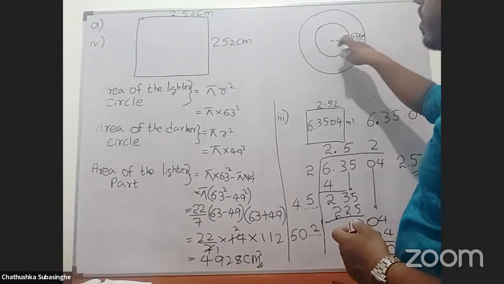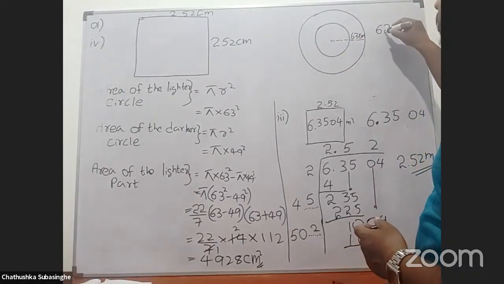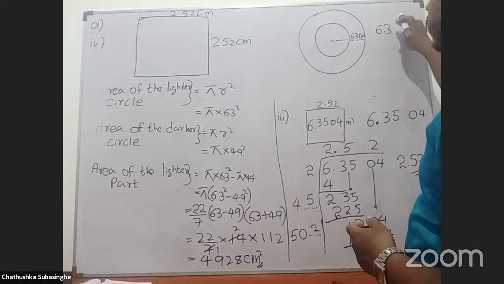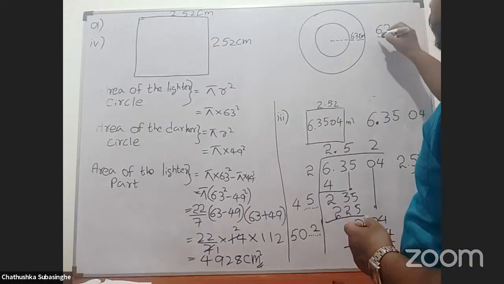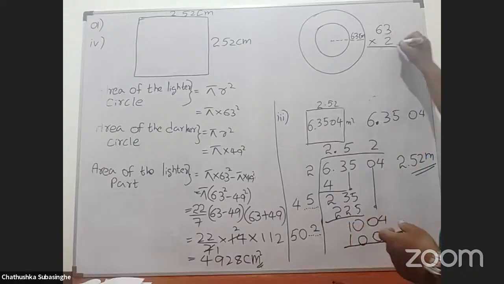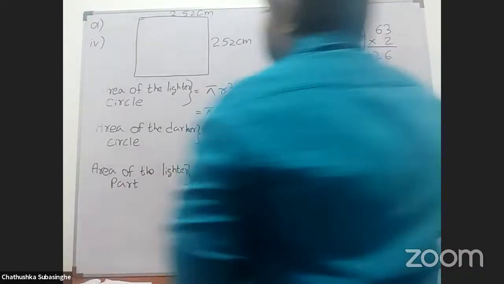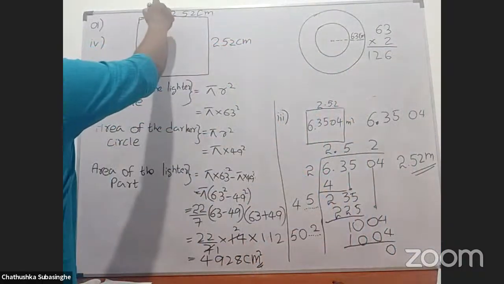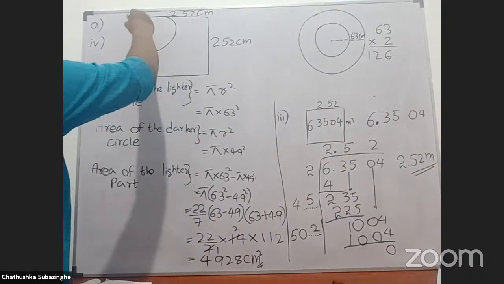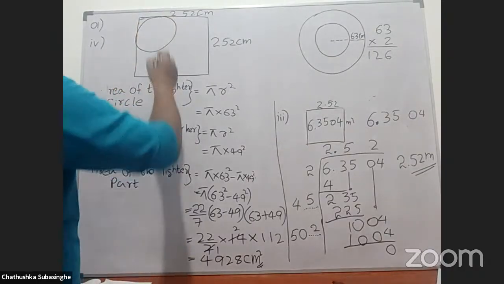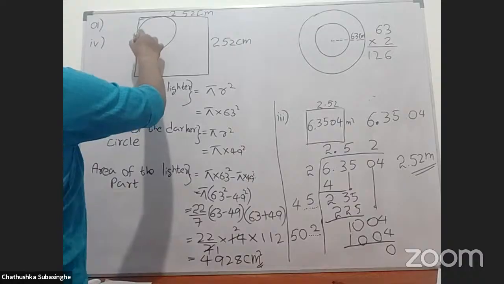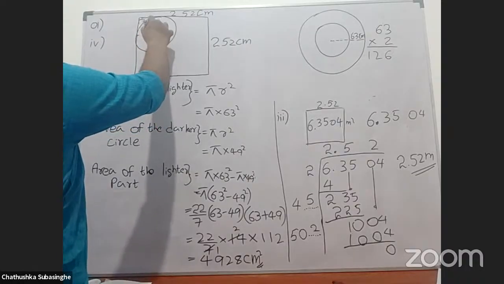Which means the total diameter is 63 times 2, which is 126. So I can put one circle like this. Here the total length is 126.